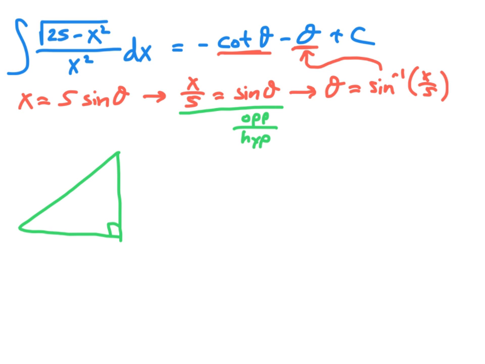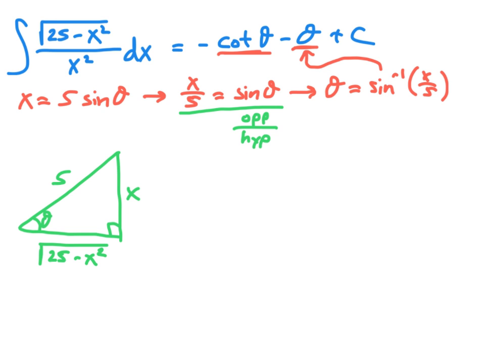and take an opposite side of our angle. Maybe our angle is here. This is theta. The opposite side will be x, and the hypotenuse will be 5. And we could figure out the third side here by using the Pythagorean theorem. And we see that it's going to be the square root of 25 minus x squared.